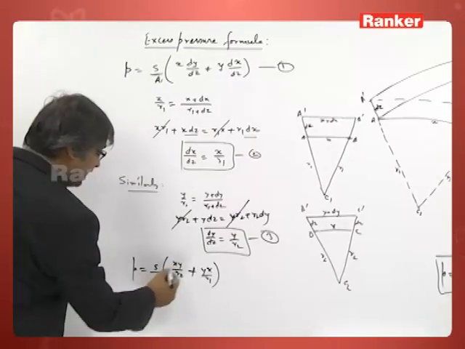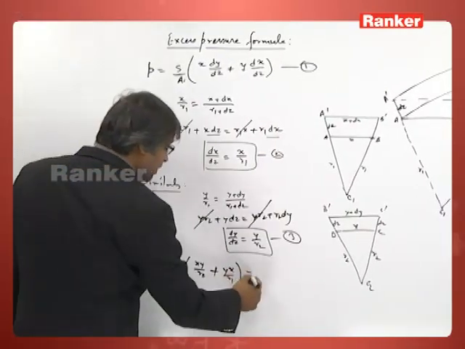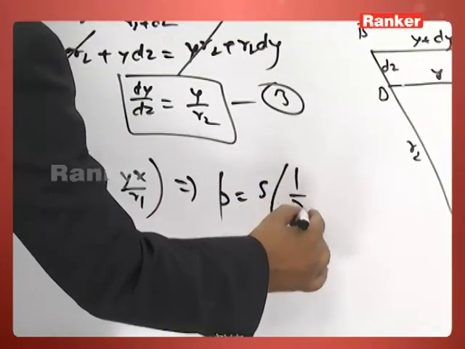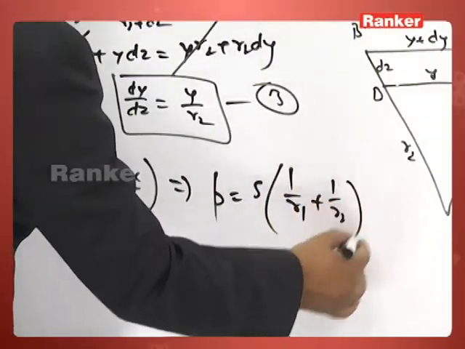So here you see this area x y cancels, and so we have P is equal to S into (1 by R1 plus 1 by R2).